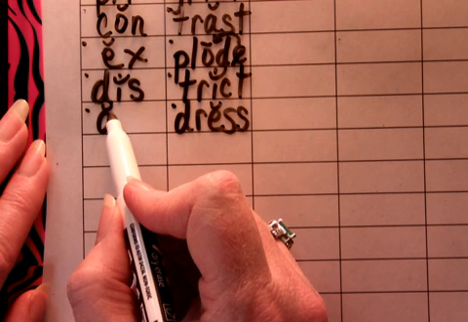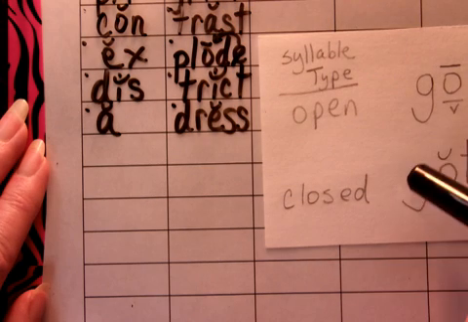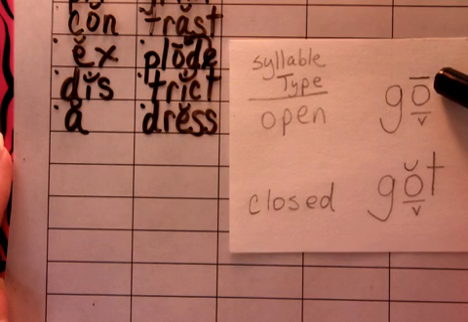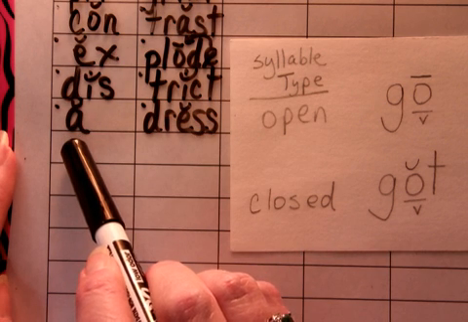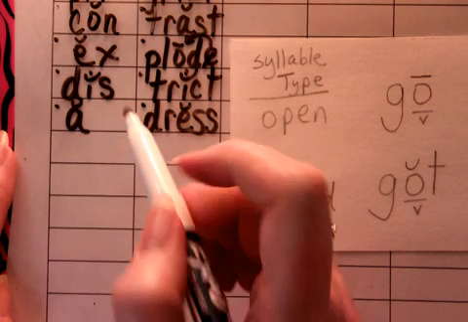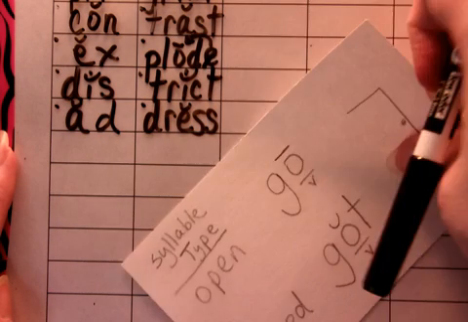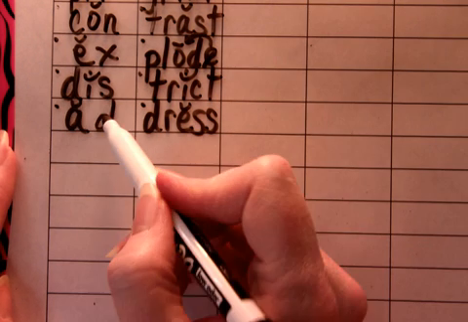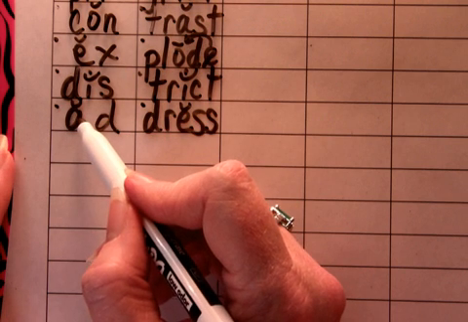Because if it's a vowel by itself, it could be an open syllable, and remember, open syllables are long. We cannot have that turn into a long A. It's not address with a long A, it's address. So we have to double the middle consonant to protect that vowel to keep it short. Address. This D does not make a sound, but it has to be there to protect that short vowel.